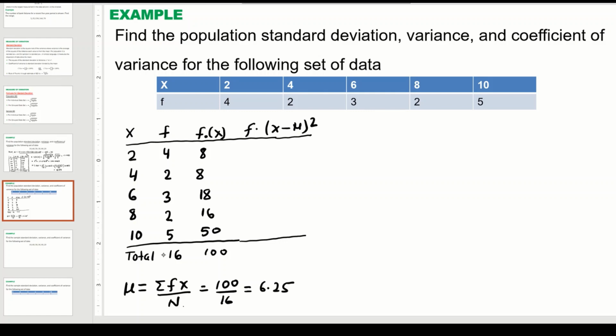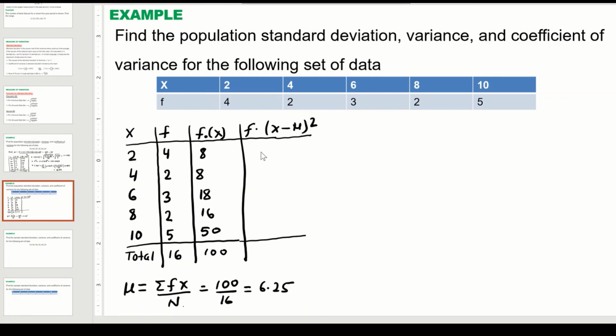Now, in order to find the values in the third column, I'm going to use my TI-84 calculator. You can definitely do it without using a TI-84 calculator. All you have to do is, from each x value, subtract 6.25. From 2, subtract 6.25. From 4, subtract 6.25. And then, in each case, multiply by the frequency.